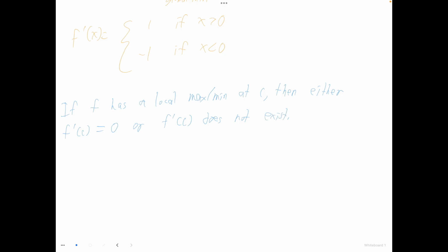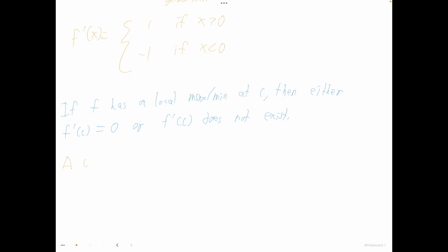So if you have a local min or max at a point, then the derivative is either 0 there or the derivative does not exist. Meaning that if we're looking for local minimums and maximums, we only need to check the points where the derivative is 0 or does not exist. And we have a name for such points.